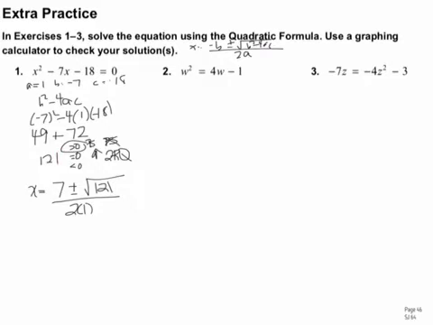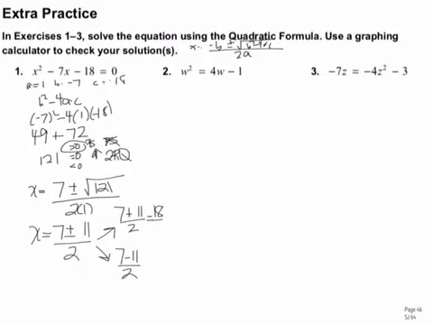Now I'm going to take the square root of 121, which is 11. Then I have to remember this plus or minus means I have two problems. 7 plus 11 divided by 2 and 7 minus 11 divided by 2. So that means I have 18 divided by 2 and I have negative 4 divided by 2.